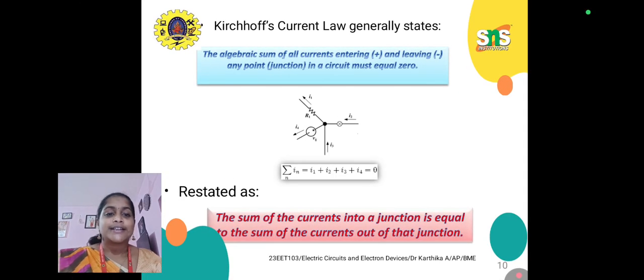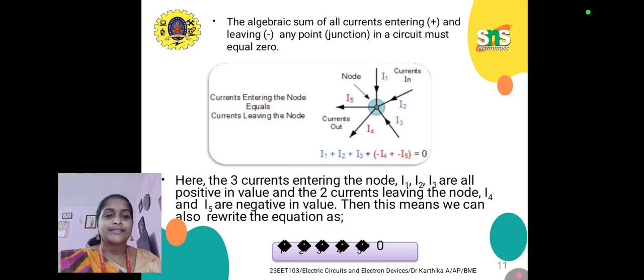The sum of the currents into a junction is equal to the sum of the currents out of that junction. The algebraic sum of all currents entering and leaving any point in a circuit must be equal to 0. See the example. Here, three currents entering the node, I1, I2, I3, are all positive in value, and two currents leaving the node, I4 and I5, are negative in value.